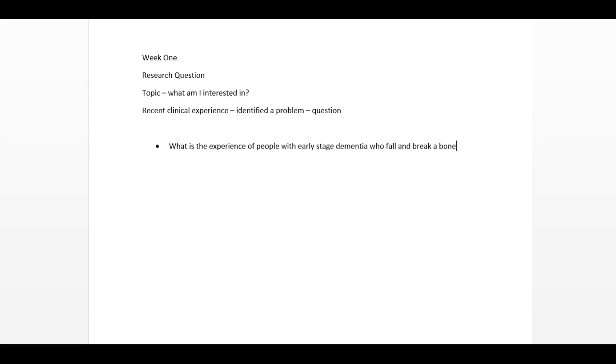Now that's pretty lay language here, so we can work that up because we've seen this in our clinical.